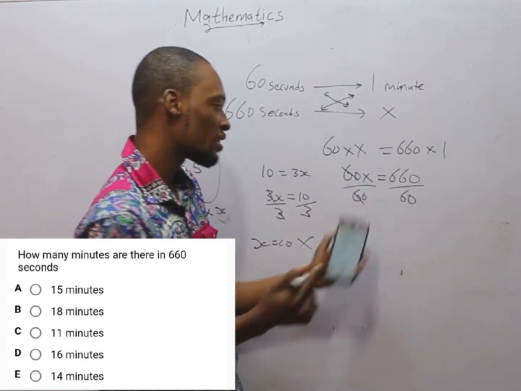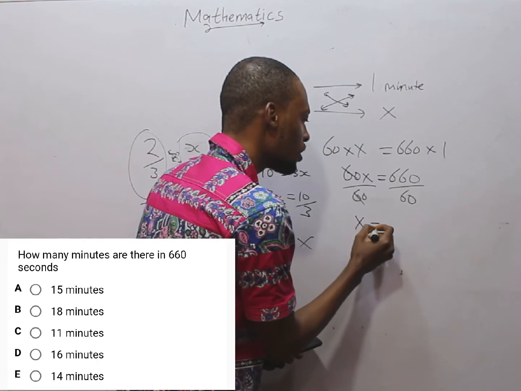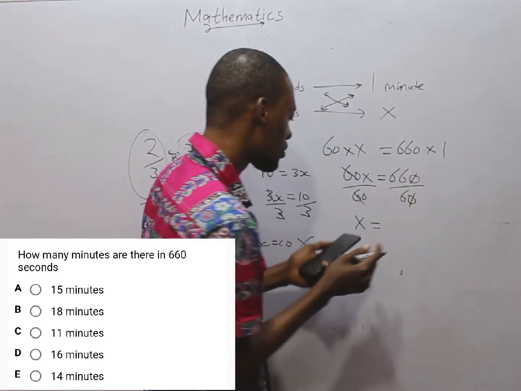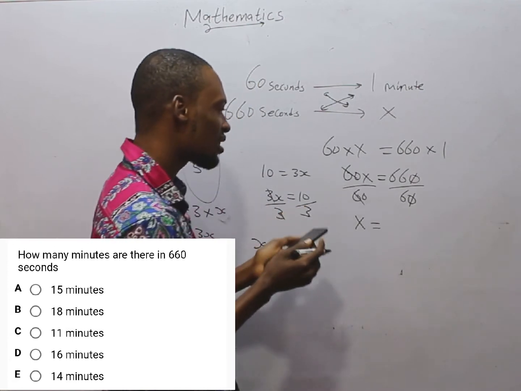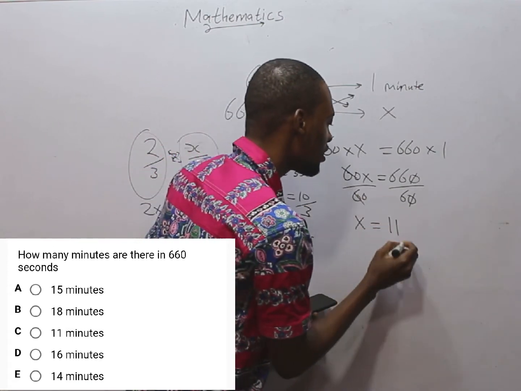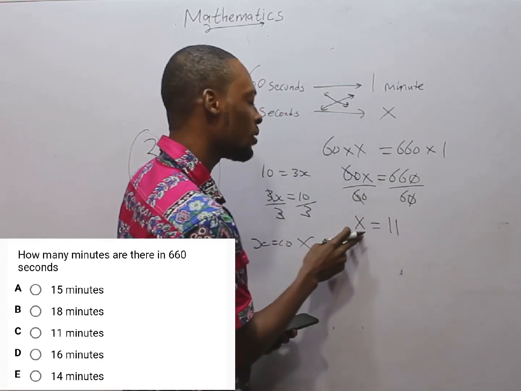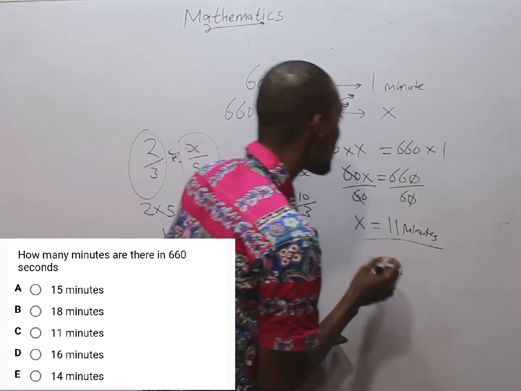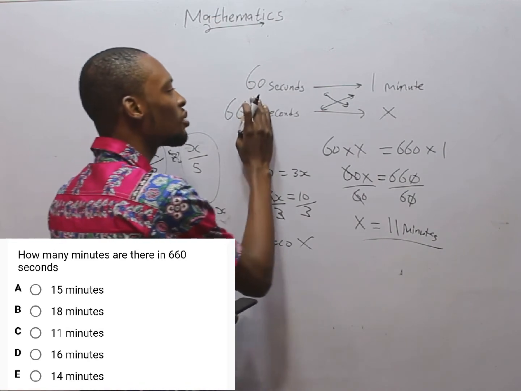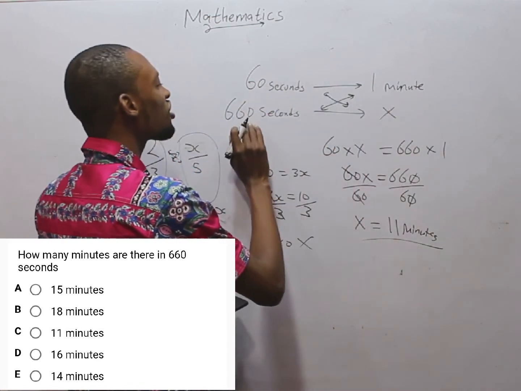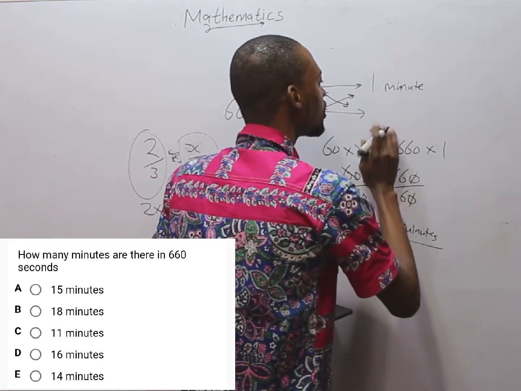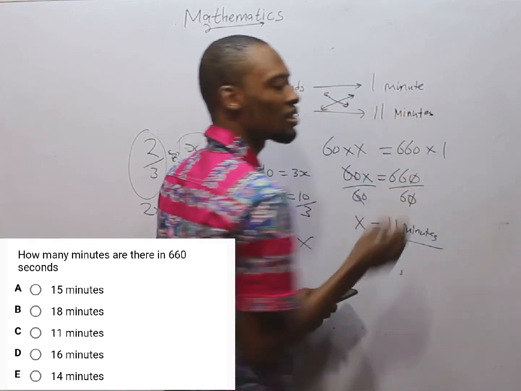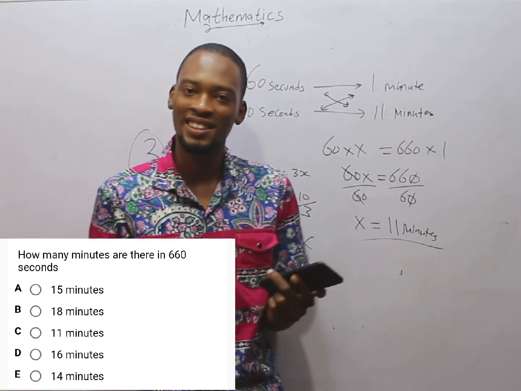So we are left with 1S here, which is the same thing as S to be equals. Now here, 0, we cancel 0. Then 66 divided by 6 is 11. And what is the value here? Is in minutes. So you come here and say, if 60 seconds is 1 minute, 660 seconds is equals 11 minutes. Hope it is clear.